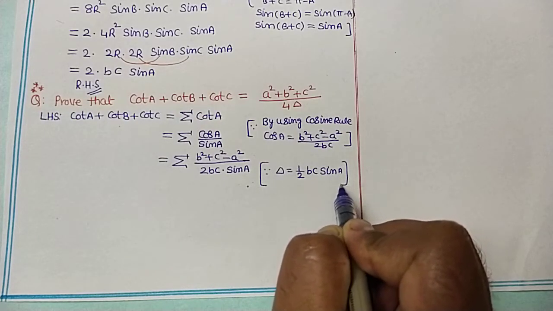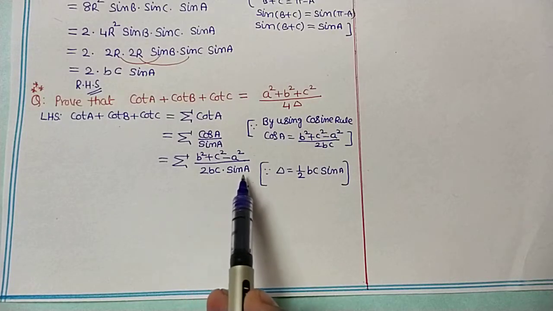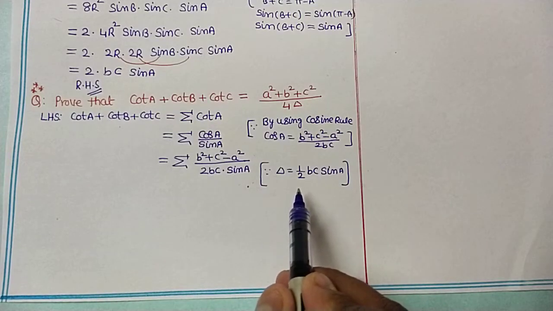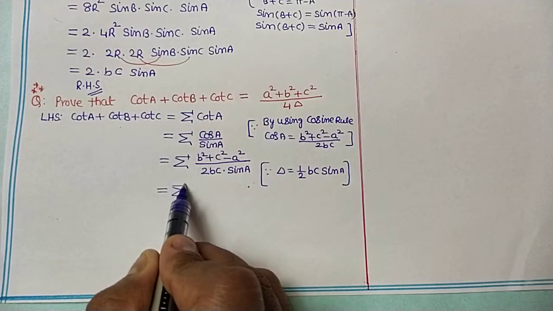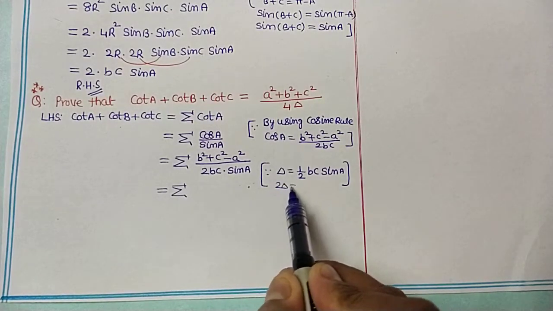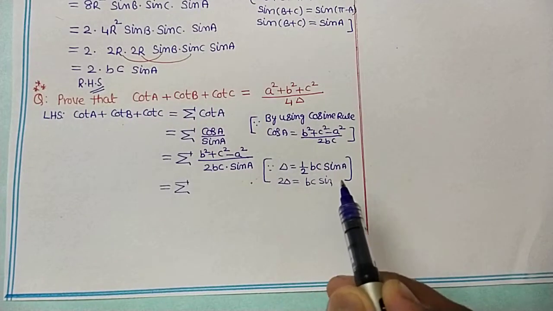The area of triangle is half bc sin A, half ca sin B, half ab sin C. Like this it will be there. So according to this step, bc sin A is there. So what we have to do? Sigma, cross multiply, 2 delta equal to bc sin A.